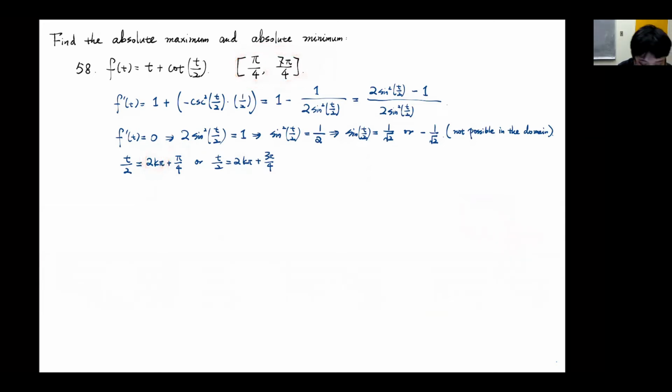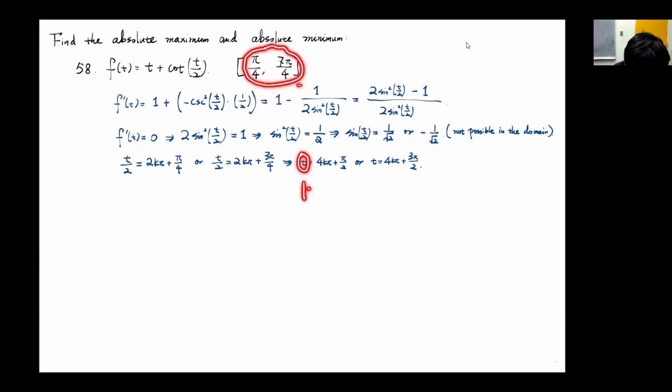All right, so let's first rewrite it as t equals 4k pi plus pi over 2, or t equals 4k pi plus 3 pi over 2. Now you determine what kind of possible cases you can take in order to make your t sit between this region over here.